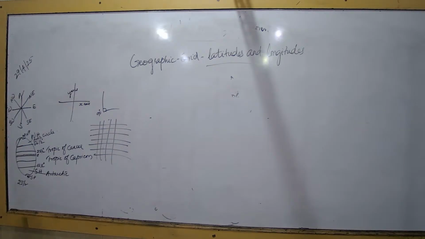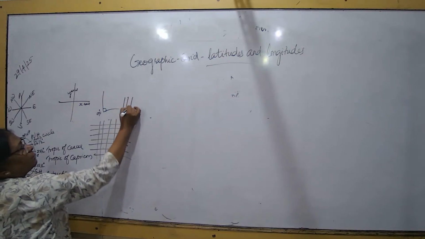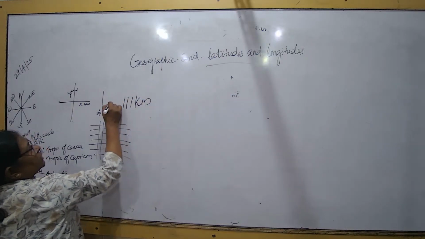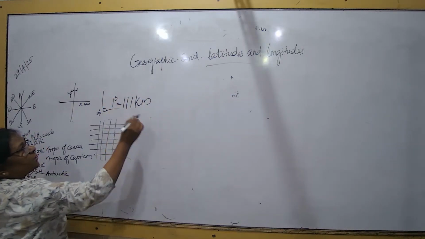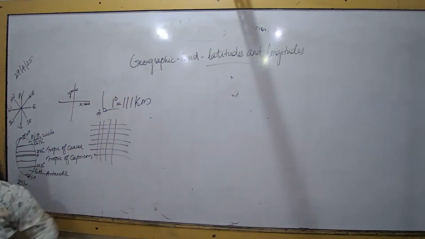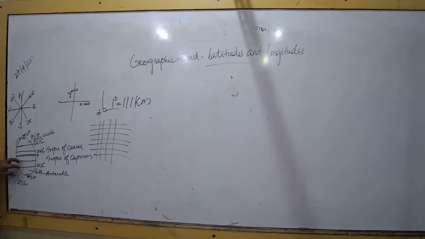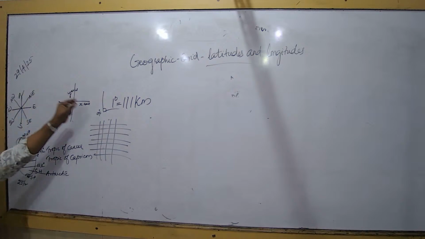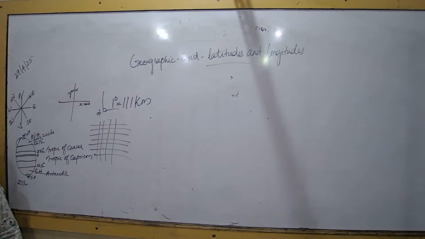That you have to remember for calculation. So 1 degree is equal to 111 kilometers. Did you get what I have told? See here, each line. So that actual distance on the land is 111 kilometers. Clear?